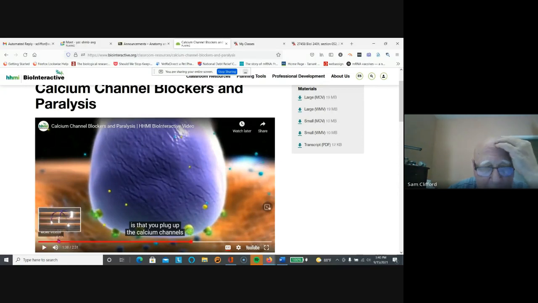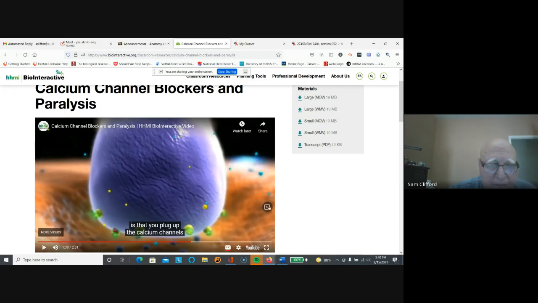So what the priol does, which is a poison made by certain types of snails, the priol is a large protein probably that plugs the calcium channels and blocks the calcium from going in.